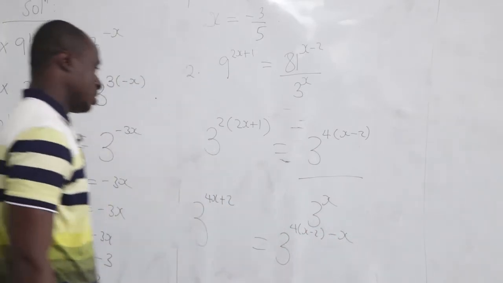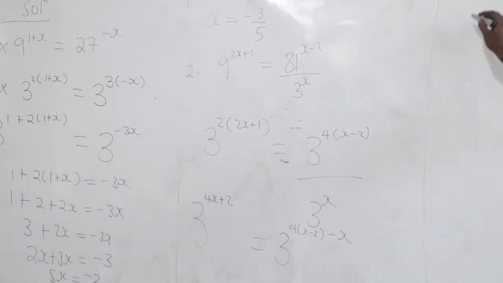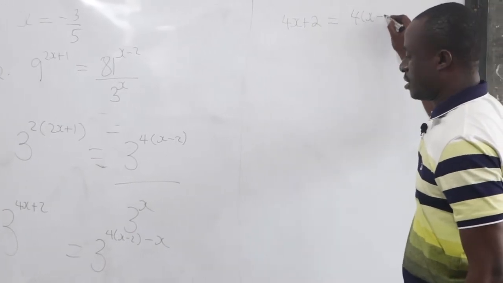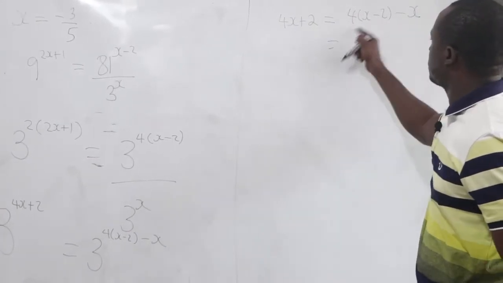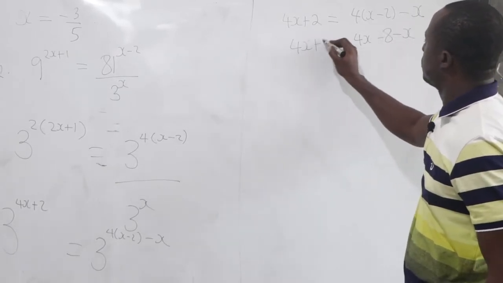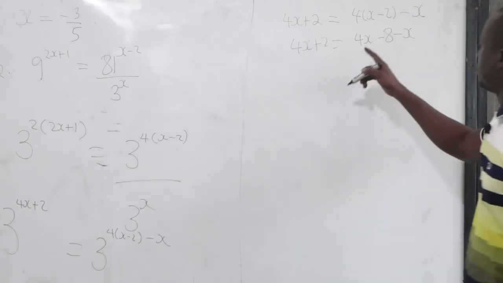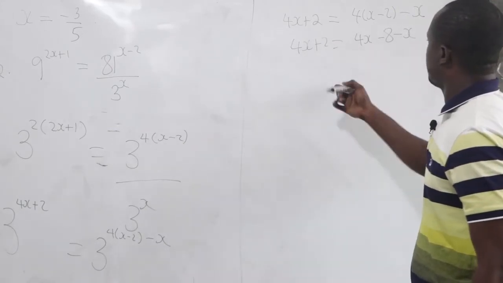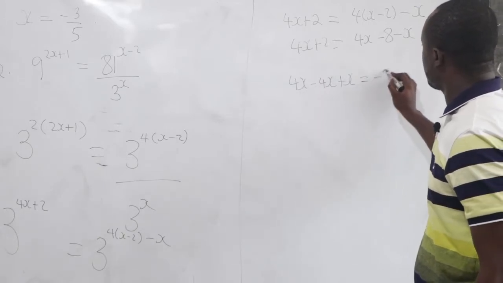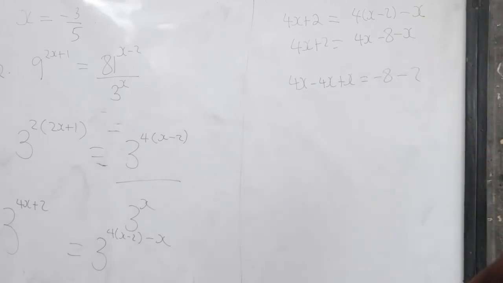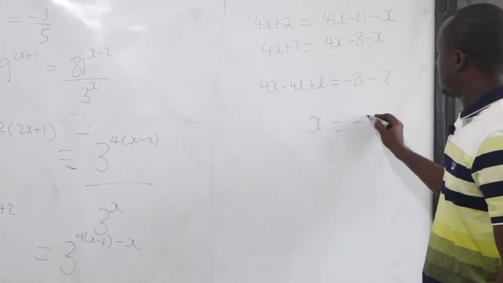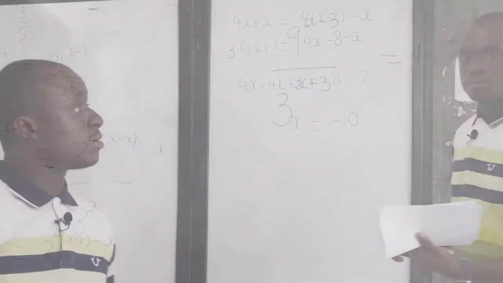These are the same, we equate the exponents, so clearly we have 4x plus 2 equal to 4x minus 2 minus x. Let's expand this: 4x minus 8 minus x, we have 4x plus 2. Let's bring everything here. We have 4x minus 4x plus x equal to negative 8 minus 2. Now x equal to negative 10.